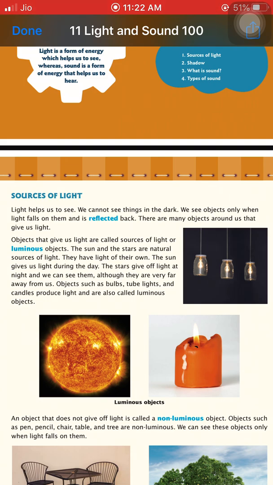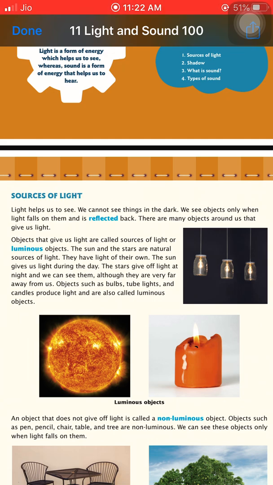Next, objects are differentiated with the help of luminous and non-luminous. What are luminous objects? Luminous objects are the objects that give us light and make us able to see things.